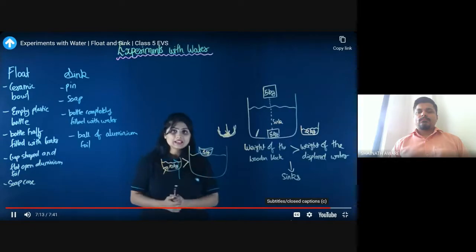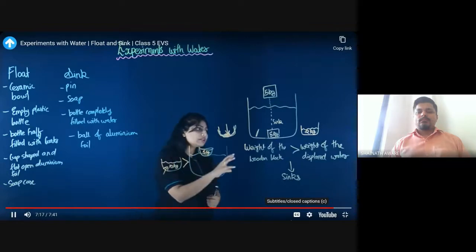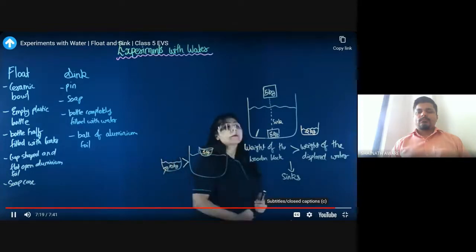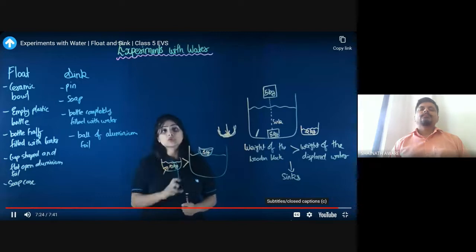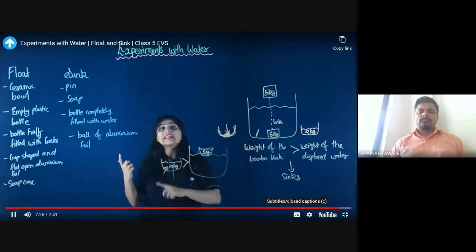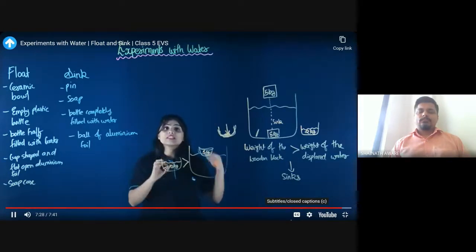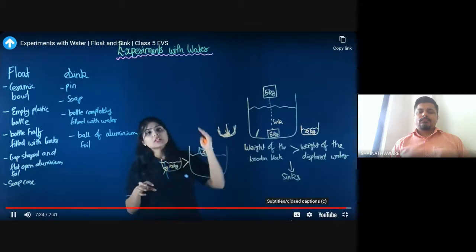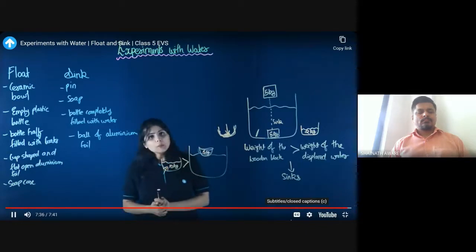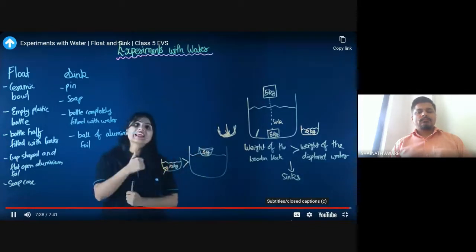The reason is the amount of water that is displaced by any object. This displaced water should be more in weight than the object, then only the object will float. If the weight of the object is more than the displaced water, then the object will sink.